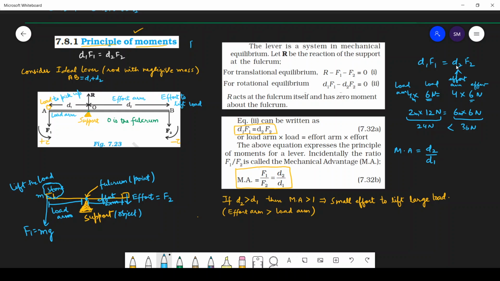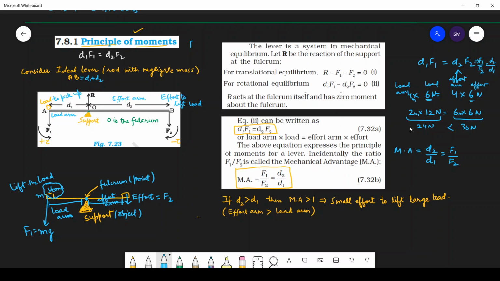According to this formula, F2 will come this side, so F1 by F2 is equal to D2 by D1. So D2 by D1 is what you want, and that equals F1 by F2. So for this mechanical advantage, D2 must be greater.